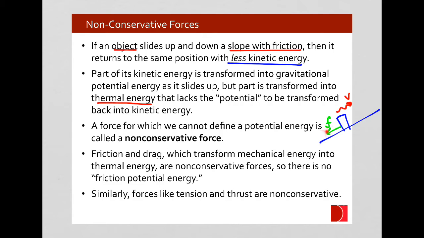Once the block gets to the top and turns around, the block will go back down, and now the force of friction is upwards, against that motion. And so what you're seeing there is that the force of friction is always resisting you, it's always taking energy away, it's never going to give that energy back, and thus it cannot be considered a potential energy, because potential energy is the potential to give that energy back.